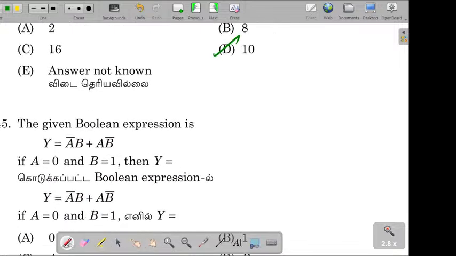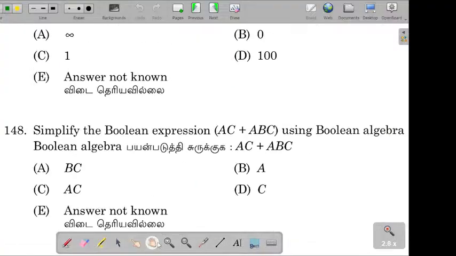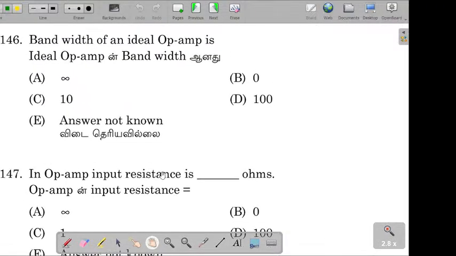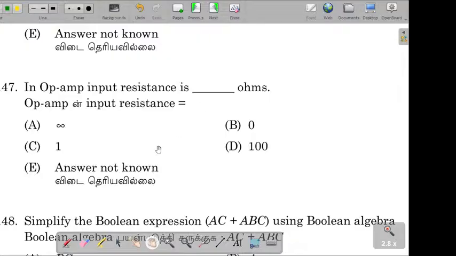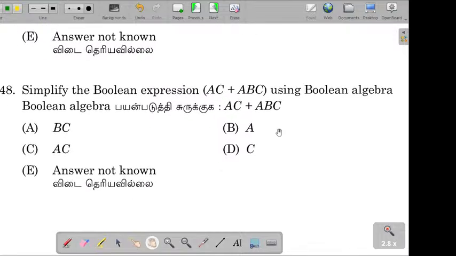The given Boolean expression y equal to a bar b plus a b bar, a equal to 0 and b equal to 1, then y is, output will be 1. Bandwidth of an ideal op amp is infinite. In op amp, input resistance is infinite ohms. Simplify the Boolean expression AC plus ABC using Boolean algebra. It will be AC.